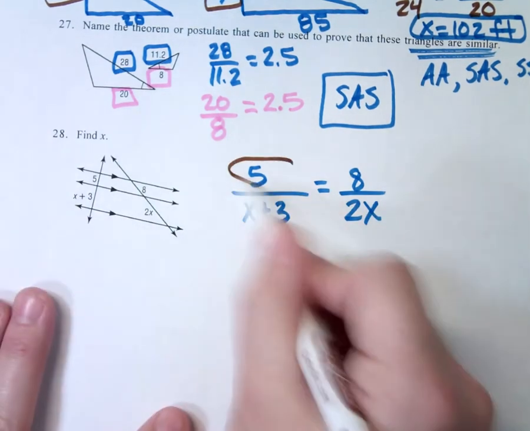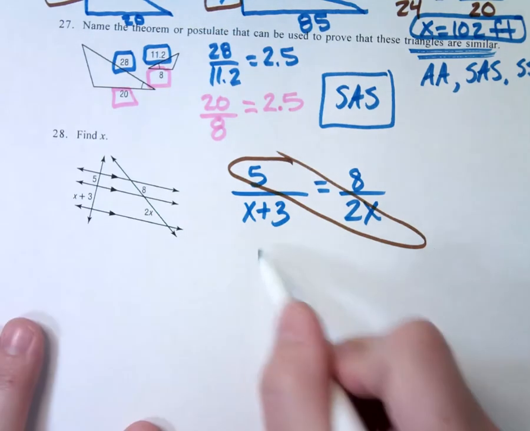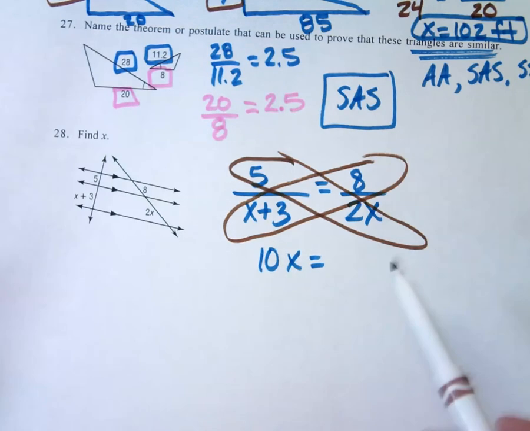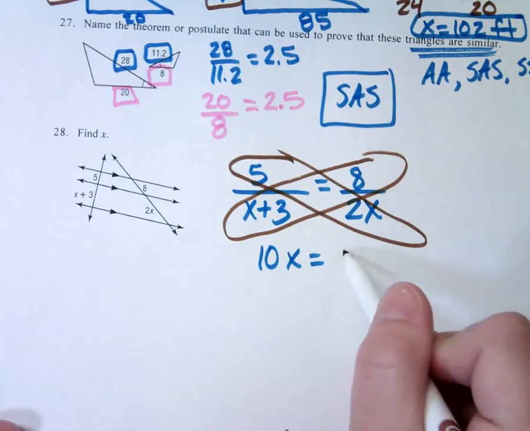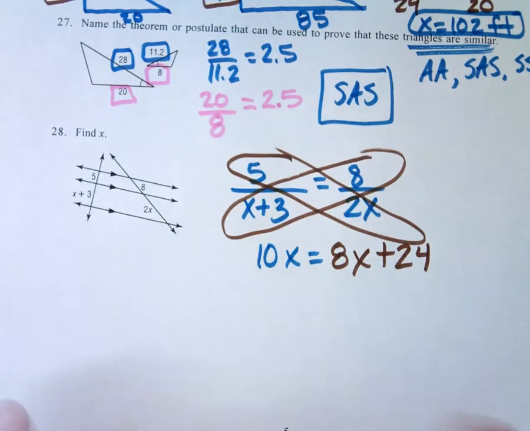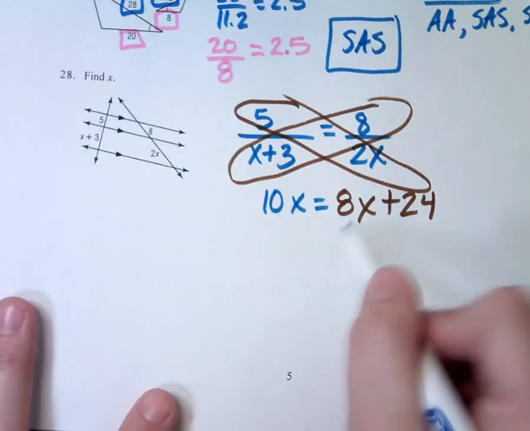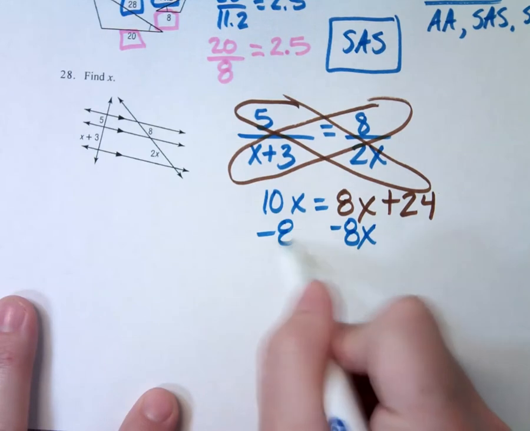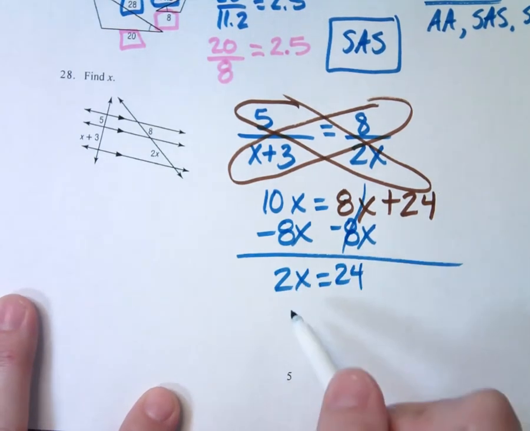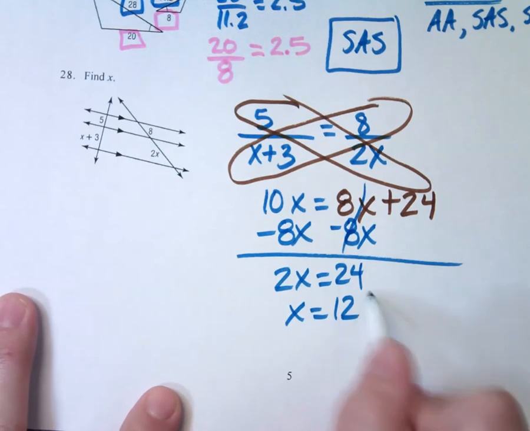Then I'm going to cross multiply. 5 times 2x makes 10x. When I multiply this diagonal, I need to distribute the 8. 8 times x is 8x, and 8 times 3 is 24. Whenever I have x's on opposite sides, I need to move one, so I'm going to move my 8x by subtracting it. When I do that, I get 2x is 24, and if I divide by 2, I get x is 12.